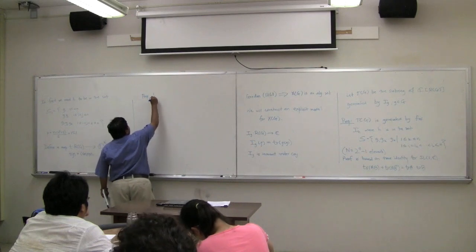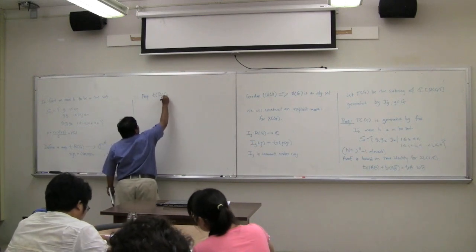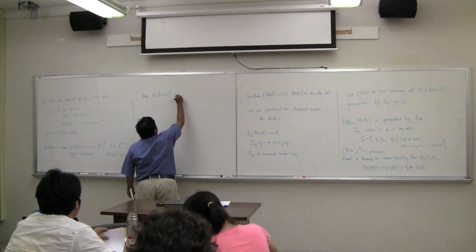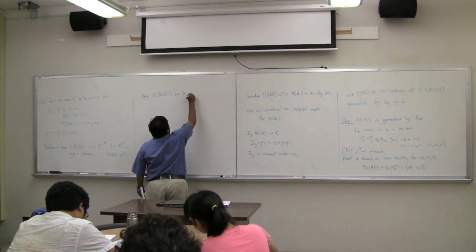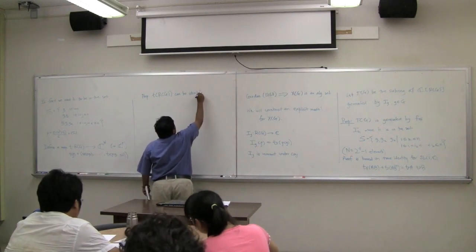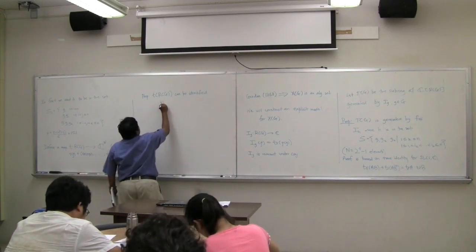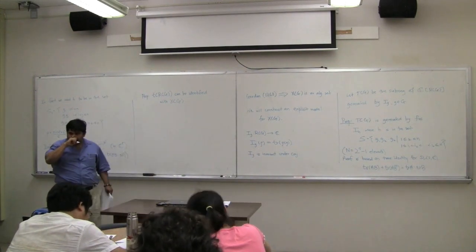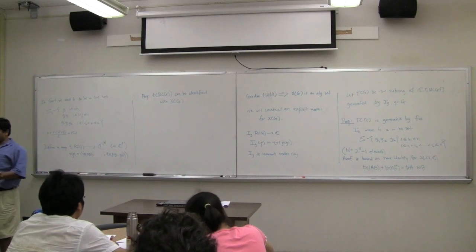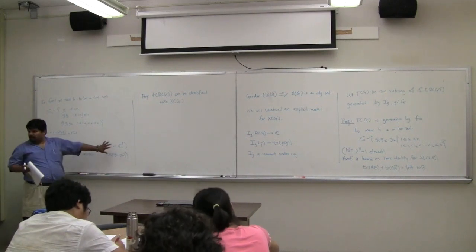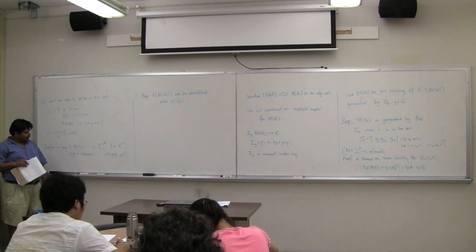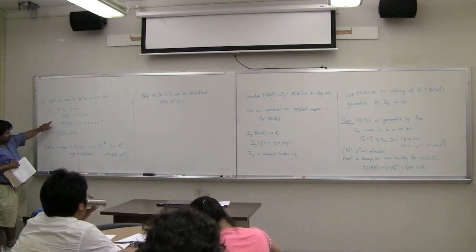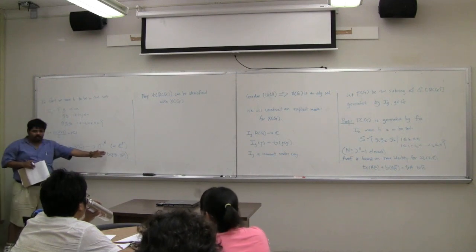The proposition is that if you look at the image of this, it can be identified with X of G. Your notation just means to go over the elements of the set and take the traces.